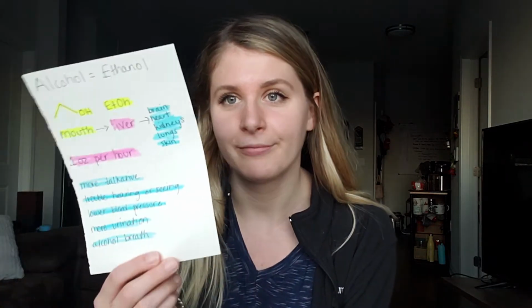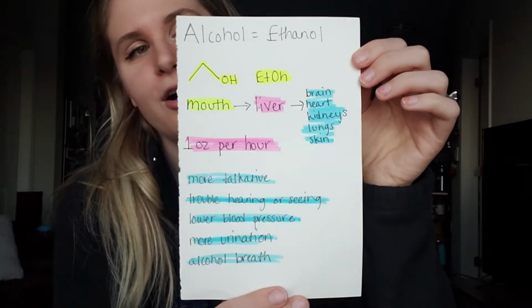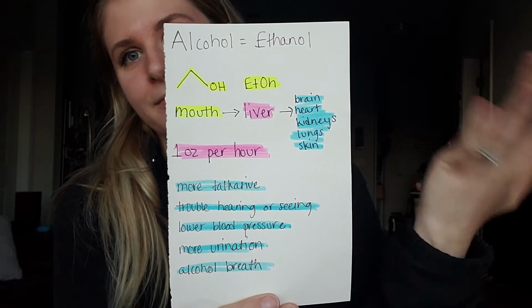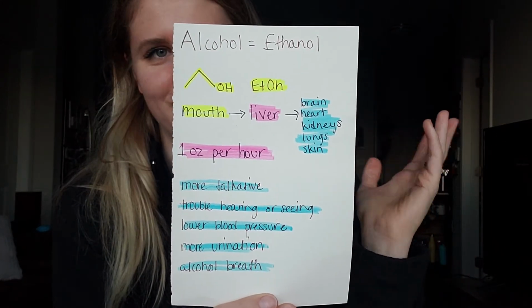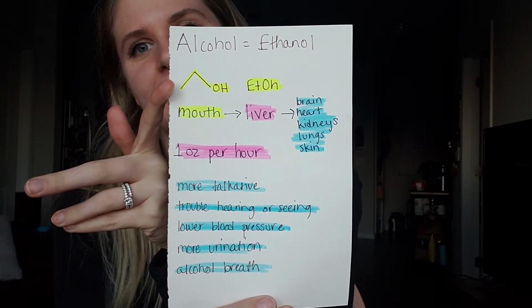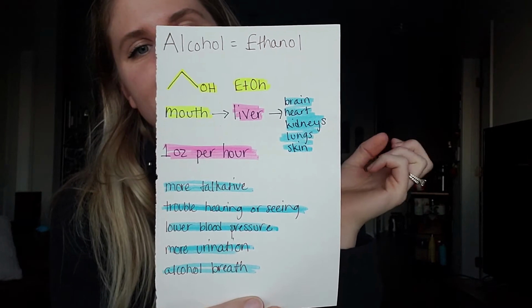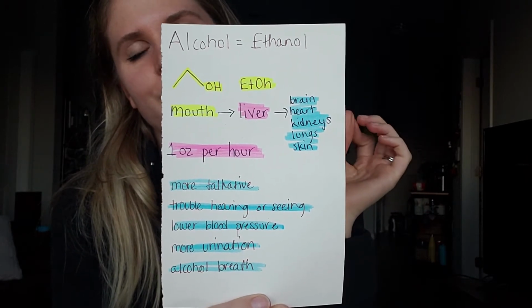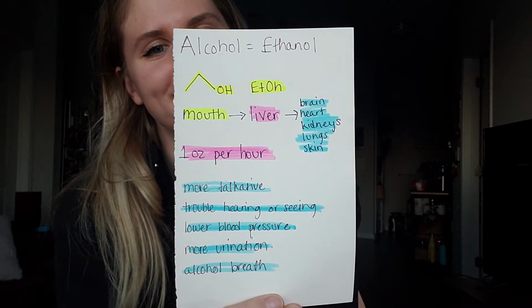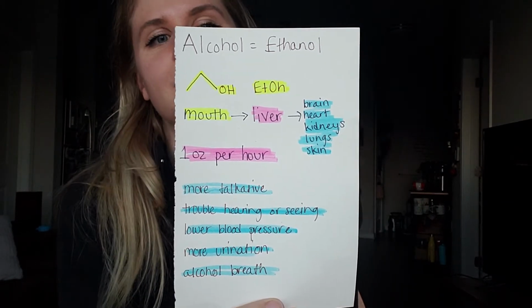To begin, alcohol equals ethanol. It's chemistry. They're the same thing. This is the chemical structure for it, and in the medical world, we call it ETOH. It's just a shorthand, and in the medical world, we love to shorthand things. So, alcohol, ethanol, ETOH.